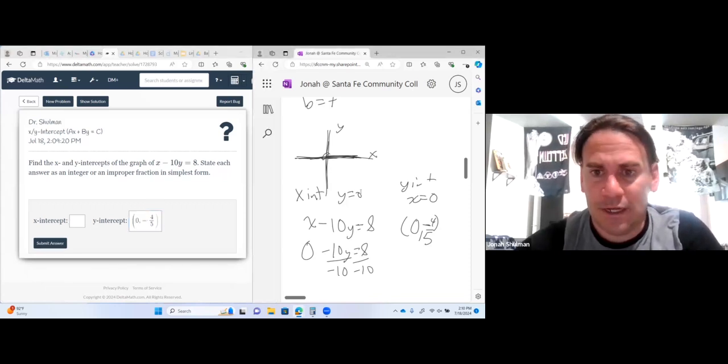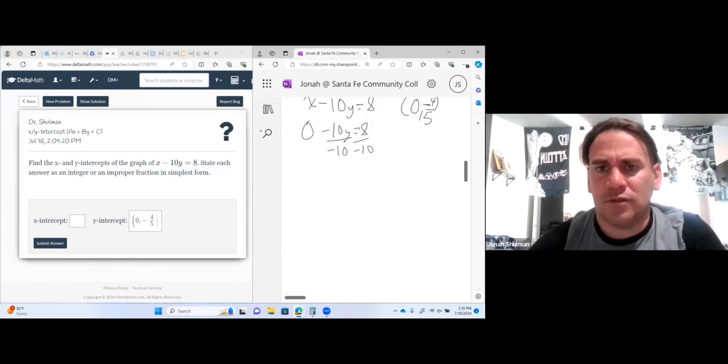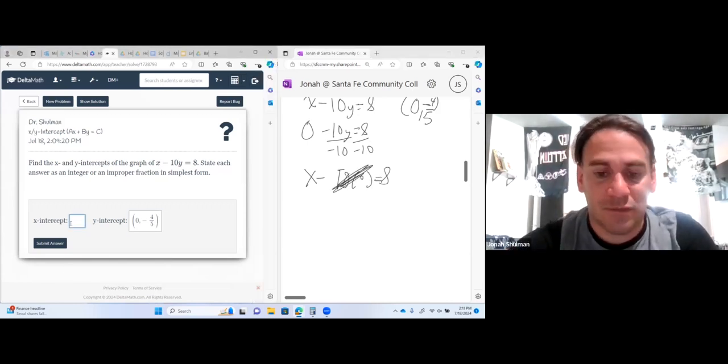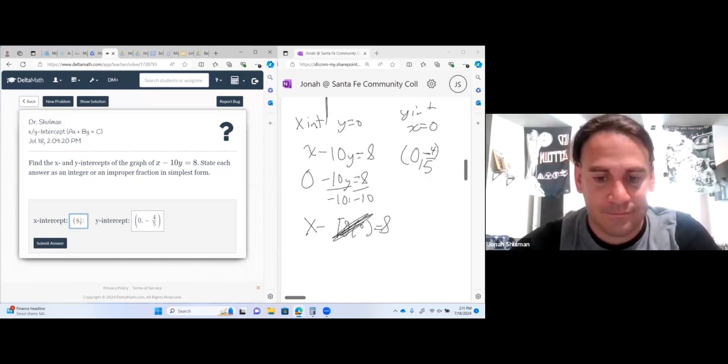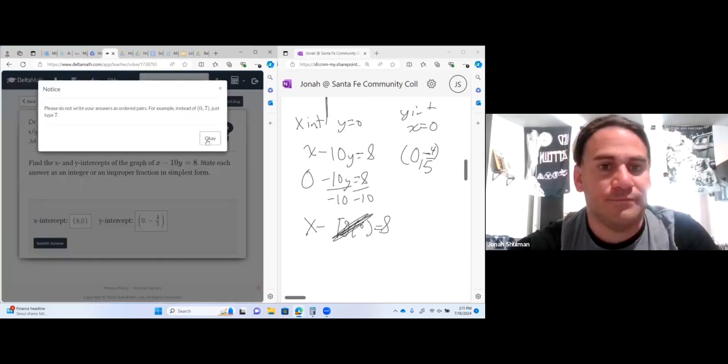Now our x-intercept means my y has to be 0. So x minus 10 times 0 equals 8. You just cover it up. So x equals 8. So this is going to be 8, comma, 0. Don't be afraid to put it on a graph too.